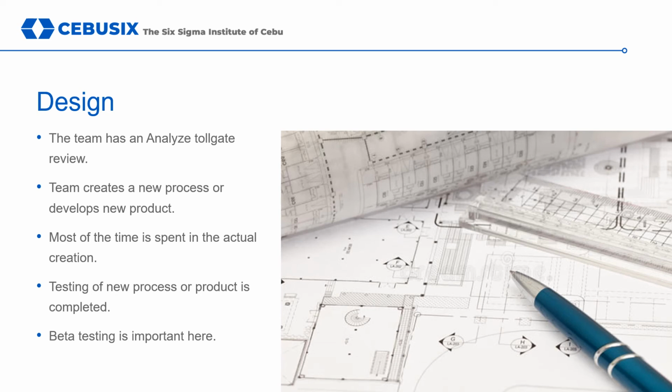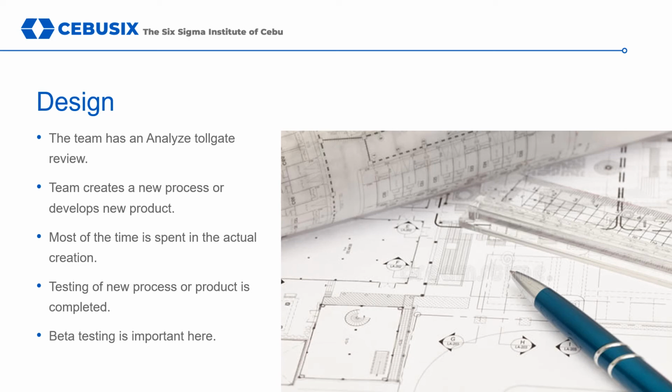The design phase of DMADV is when teams create a new process or develop a new product. A Six Sigma team would have previously done all the work to lay the foundation for development during the define, measure, and analyze stages, which means most of the design phase is taken up with the actual work involved in creating the process or product.